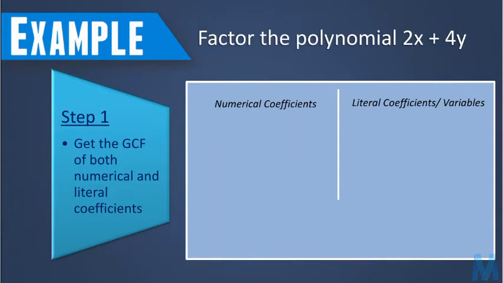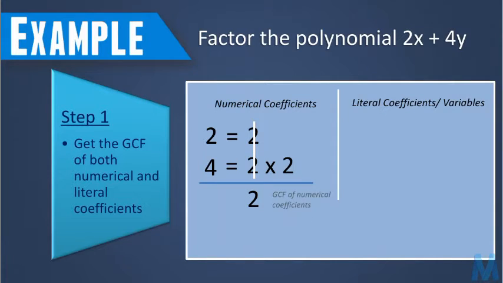Okay, so we have here the numerical coefficients 2 and 4. So kwaon naton ang GCF sang 2 kag 4 using the prime factorization. So again, we are not going to include 1 sa aton nga pag prime factorize ang numbers, no? So the GCF here is 2. Okay, and as for literal coefficients naman, wala kita sang common variable.